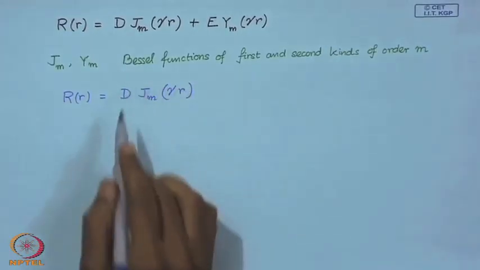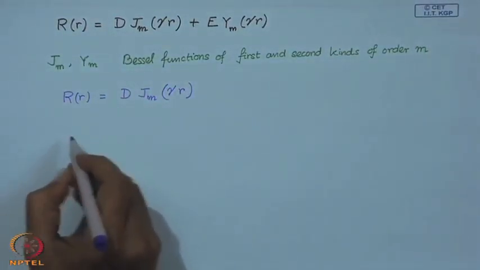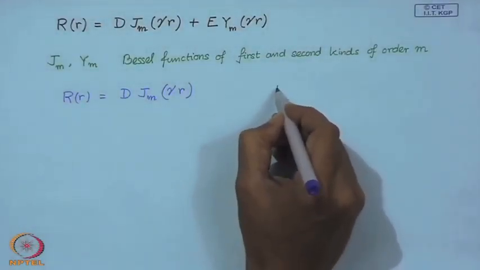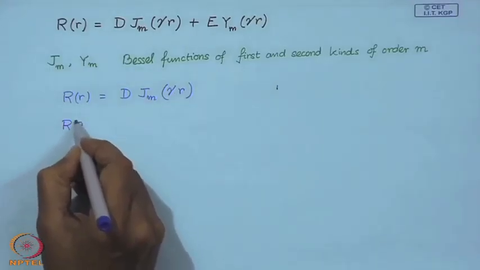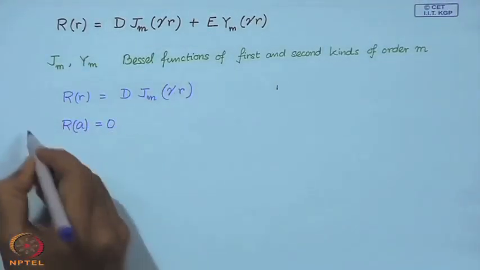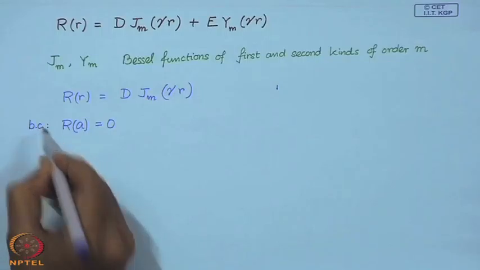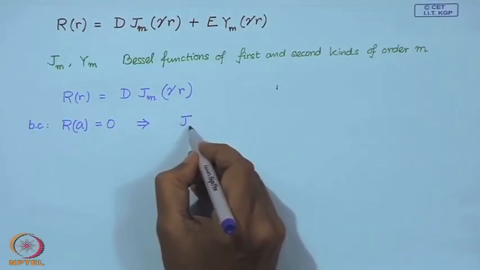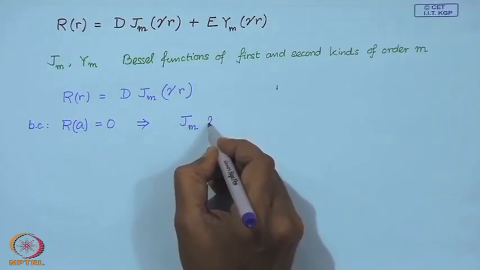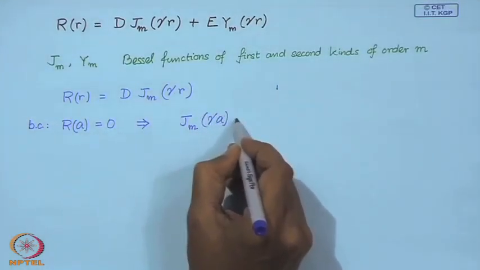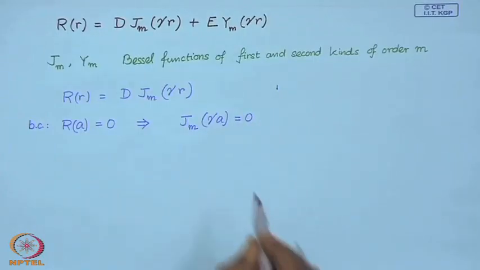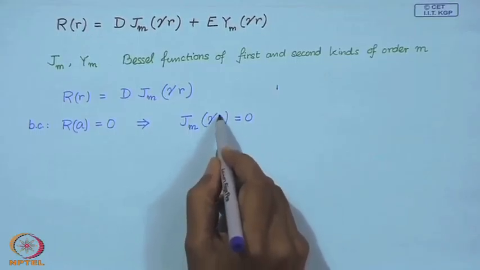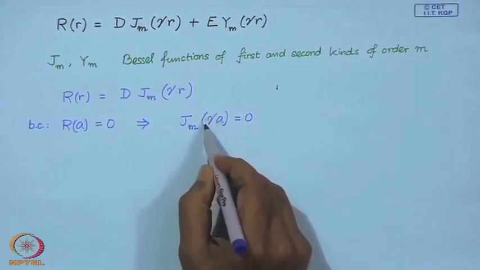Now, if you do that, we have just one boundary condition. R of A is equal to 0, and that implies, where A is the radius of the membrane, that we must choose gamma.